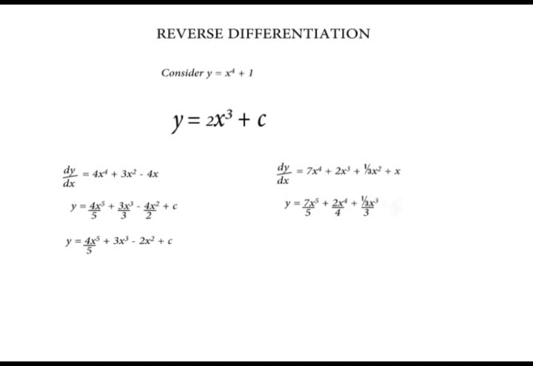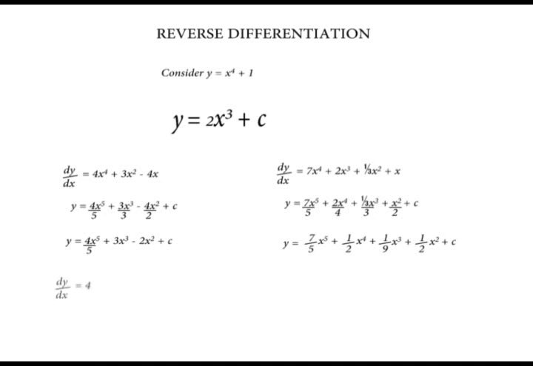When we integrate, we get x squared over 2, and then we add c. You simplify that and we get 7 over 5 x raised to power 5 plus 1 over 2 x raised to power 4 minus 1 over 9 x cubed plus 1 over 2 x squared plus c.